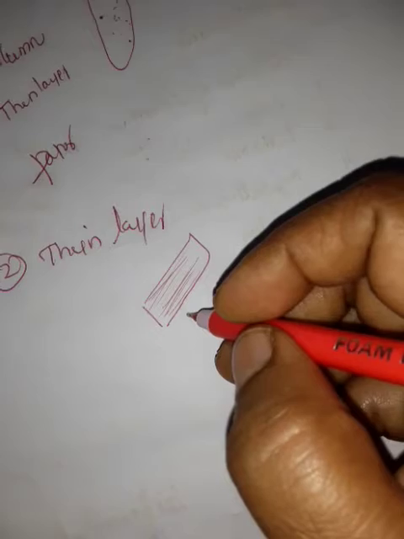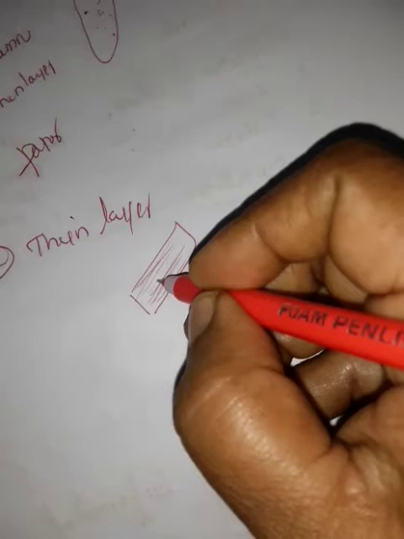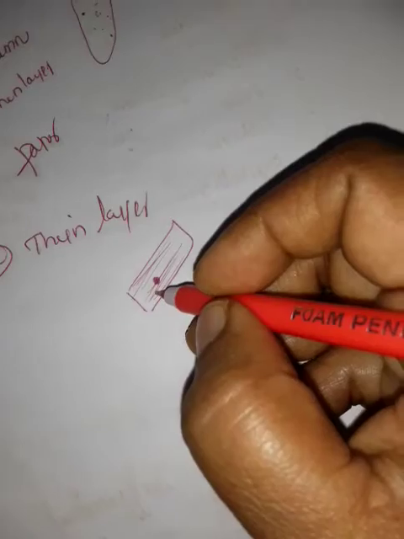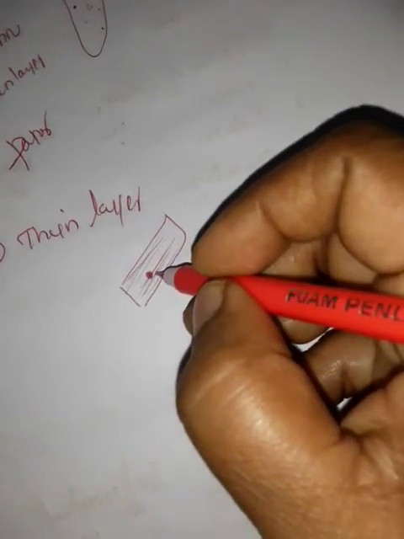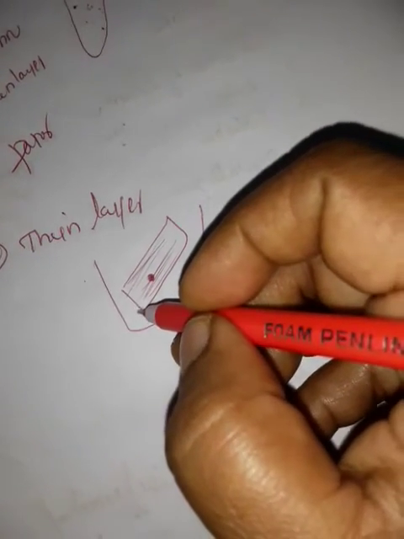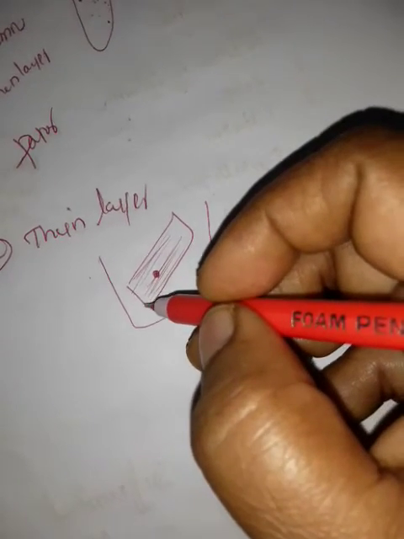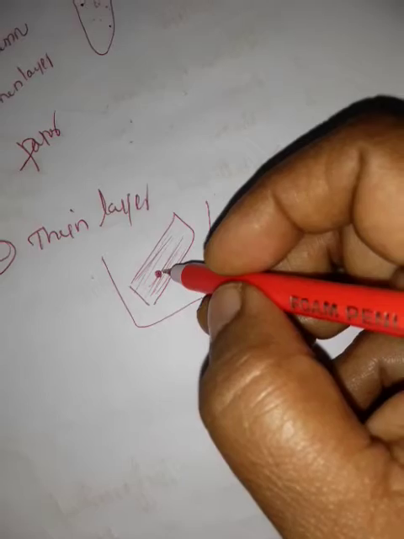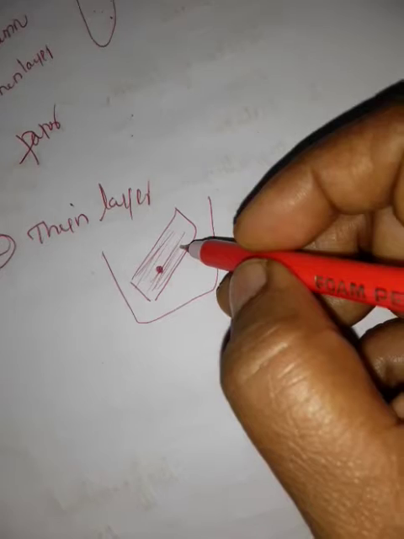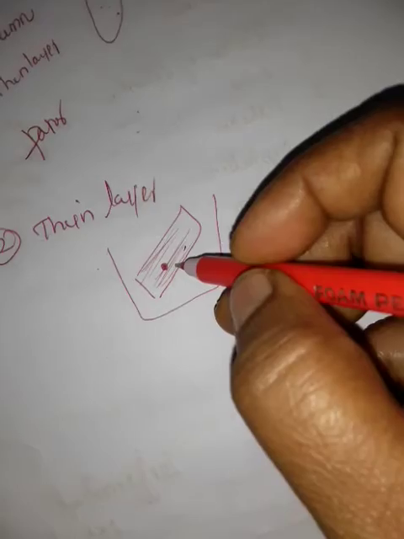Then the mixture to be separated is placed at the lower edge of the glass plate, and it is kept in a vessel. The solvent moves up the glass plate due to capillary action. Then the components present in the mixture get separated at different distances depending upon the degree of adsorption. Colorless compounds are viewed under UV light.